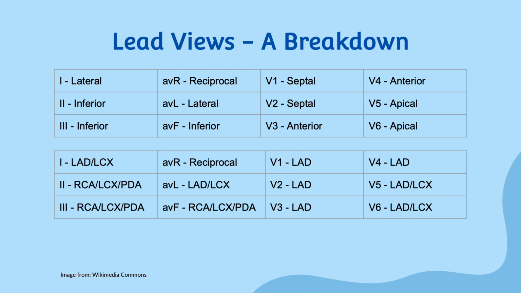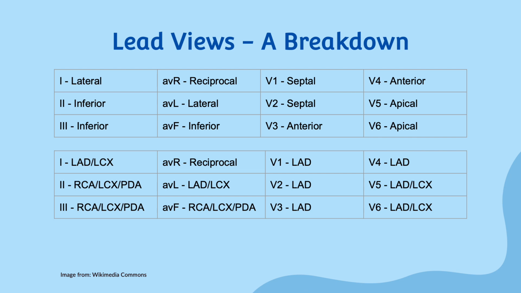On the top, you can see that the leads 1 and AVL are considered the lateral leads, meaning that they look at the heart from the patient's left lateral side. Leads 2, 3, and AVF are considered the inferior leads, as they look at the inferior and somewhat the posterior portion of the heart.